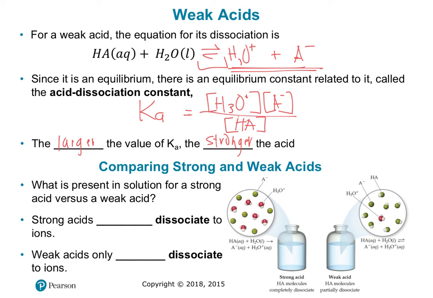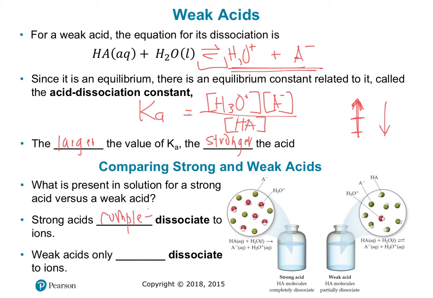If we remember that little acid chart where we had strength of acids and then strength of base going down, a bigger Ka would be higher up on this chart, and a lower Ka would be below. So we could rank the strength of acids by increasing Ka. When we compare strong and weak acids, strong acids completely dissociate.